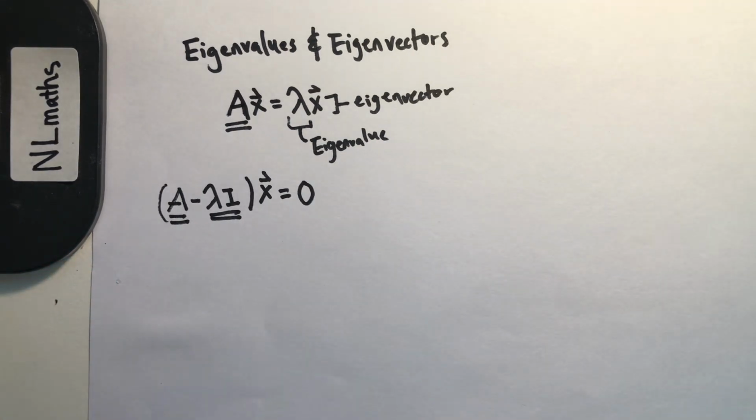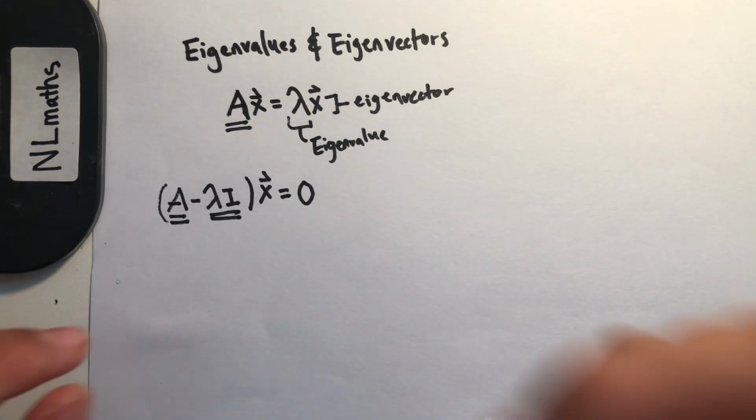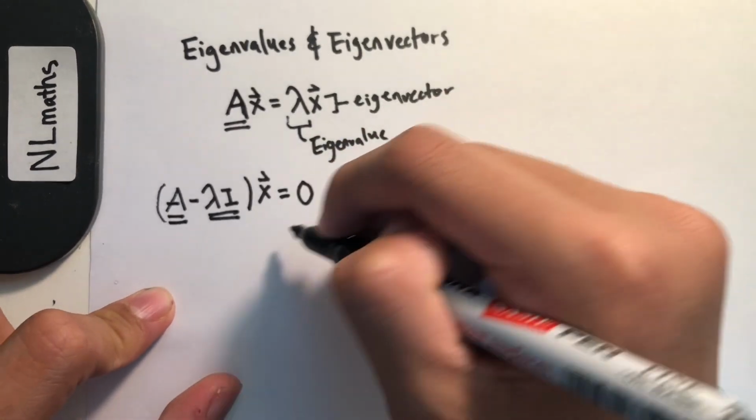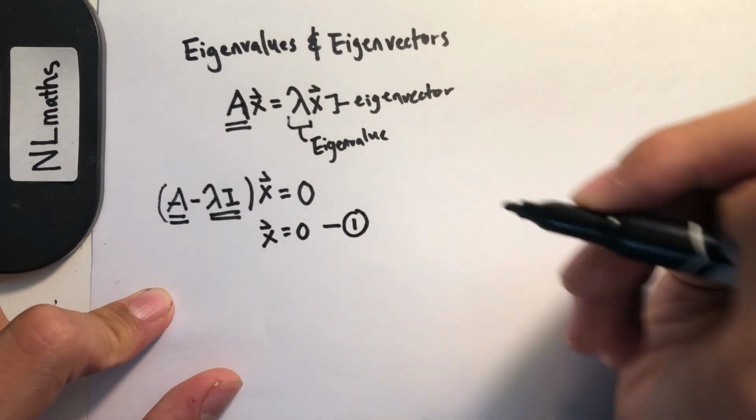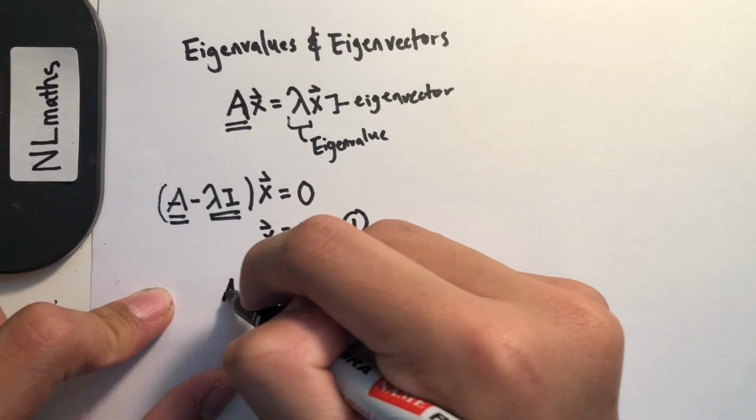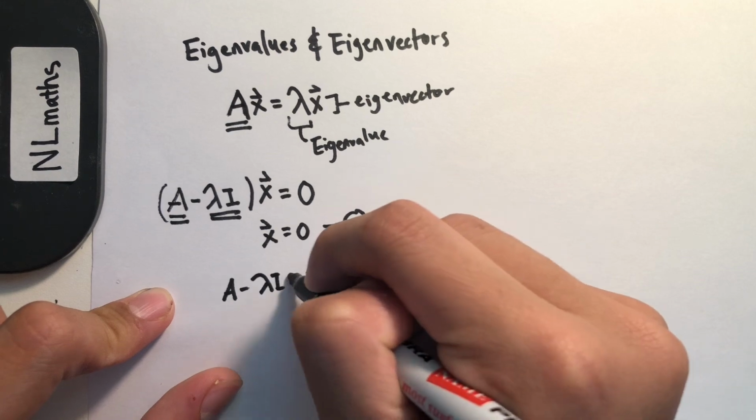Now, there are two solutions to this equation. This is either x equals 0, so that's possibility number 1, or A minus lambda I equals 0.